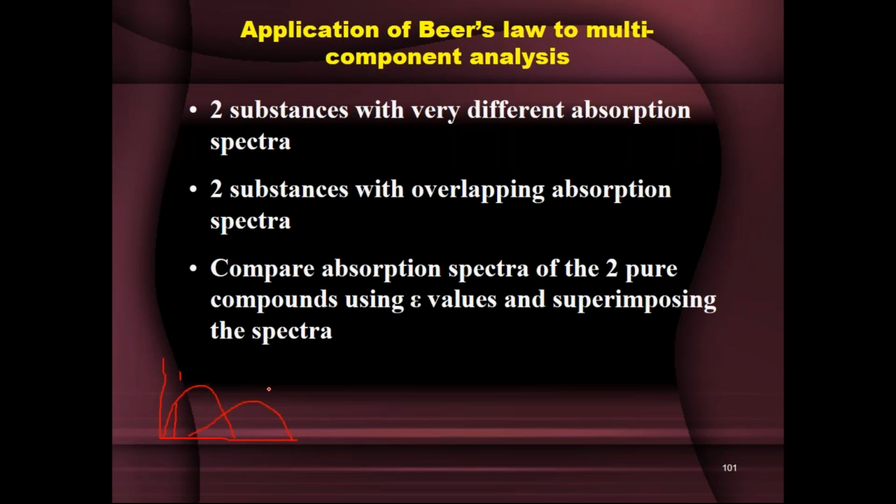This is the first substance, this is the second substance. So the first substance absorbs at this wavelength. The second substance, you can choose a wavelength at this point, and you can measure the absorbance of only the second substance, because the first substance shows zero absorbance from this wavelength and onwards.